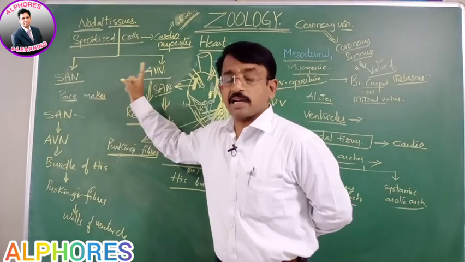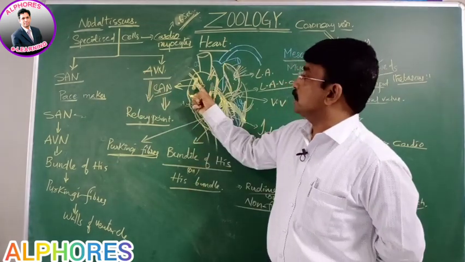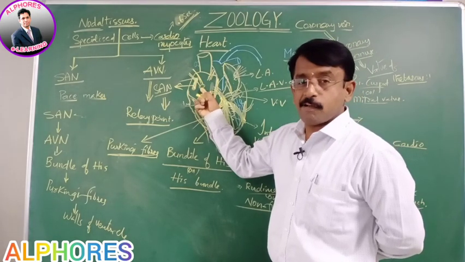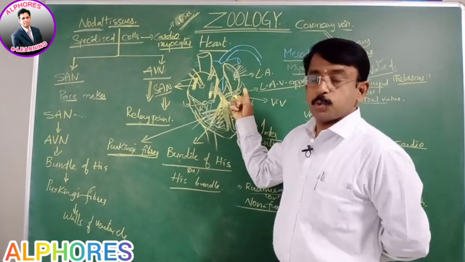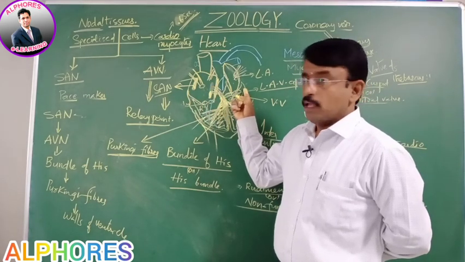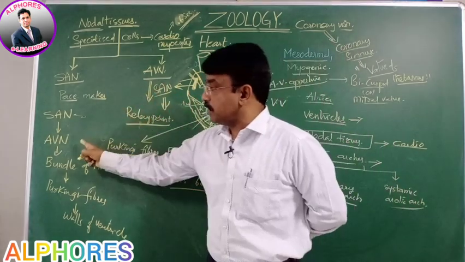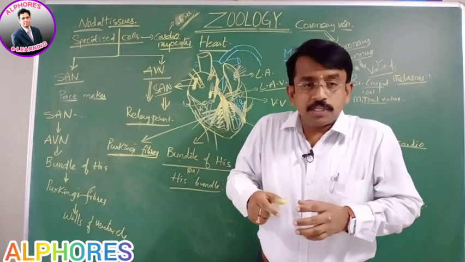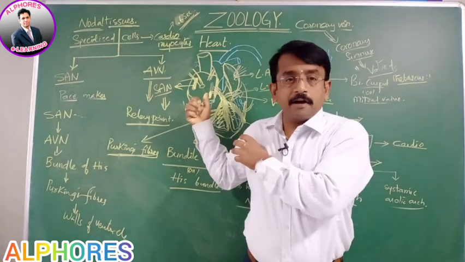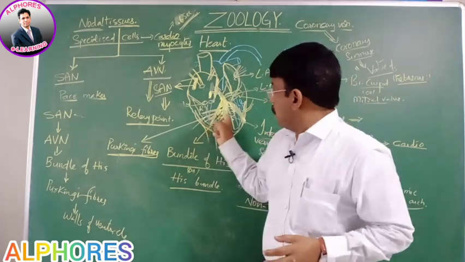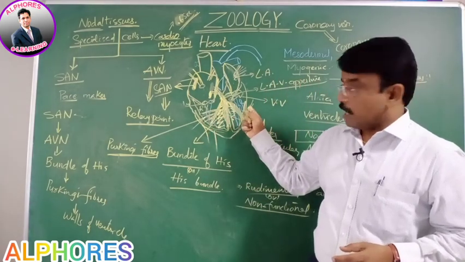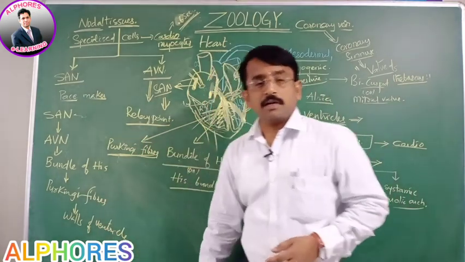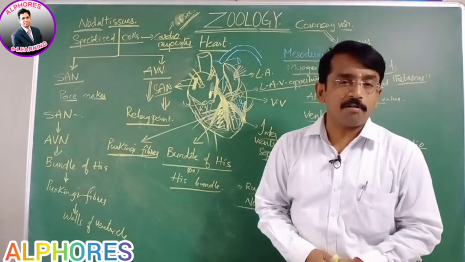SAN is located at the right upper corner of the right atrium, close to the opening of the precaval vena cava or superior vena cava. Then it is sent into the two chambers of the atria. Then this wave of contraction goes to the AVN and to the bundle of His, which starts at the atria, extends over the ventricle and is bifurcated, and this is connected through Purkinje fibers into the walls of the ventricle. Then the walls of the ventricles contract.